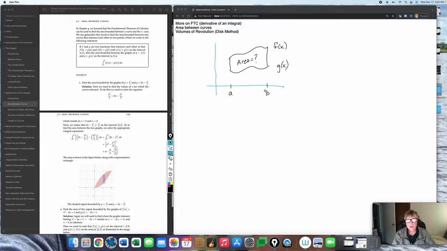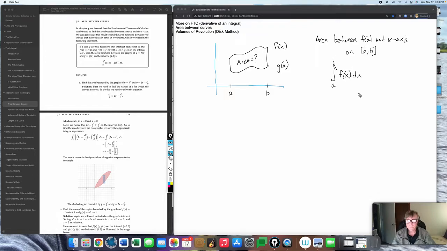Now, one way we could do this is find the area between f of x and the x-axis on the interval from a to b. We remember from the fundamental theorem of calculus that this area is the integral from a to b of f of x dx.